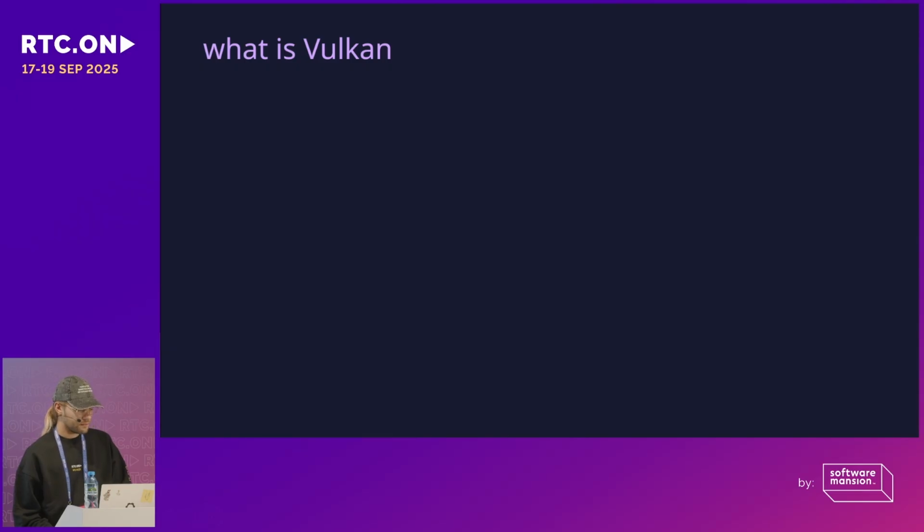So now what's Vulkan? Vulkan is an API for rendering things using the GPU. So it basically exposes the capabilities of your GPU in a programming language. Some of you may not have heard of Vulkan before, but probably most of you heard of OpenGL. And Vulkan is a successor to OpenGL.